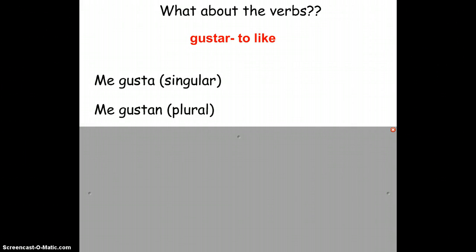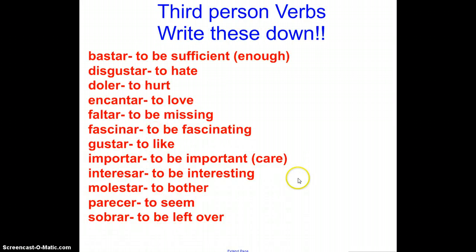On this next little slide, there's a list of the third person verbs, including bastar, which means to have enough of something, disgustar, which means to hate something, doler is to hurt, encantar is to love, faltar, to be missing something, fascinar is to be fascinating, gustar, of course, is the one that we've been using as our example, to like, importar is to be important, interesar is to be interesting, molestar, even though it looks like a word, it means to bother, parecer means to seem like, and sobrar is to have something left over.